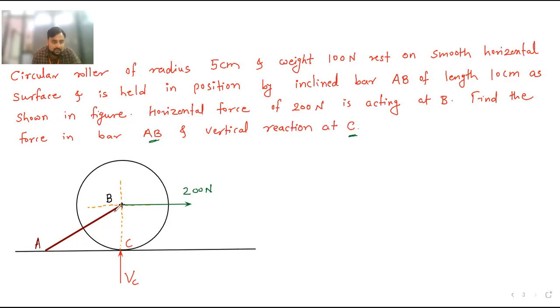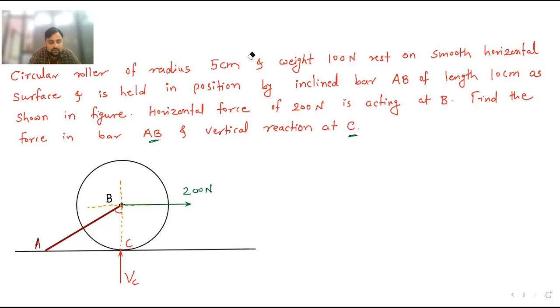Also, the angle with vertical is given as 60 degree. Now we need to find out the force in bar AB and vertical reaction VC.